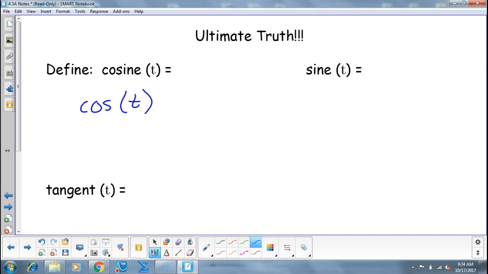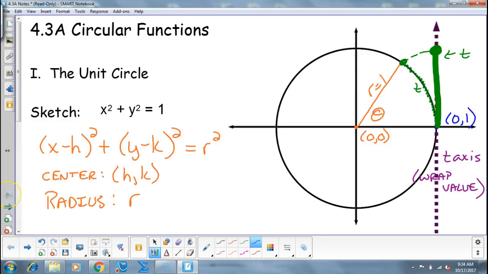That is equal to the x value of my point. So if I go back a slide here, the x value of that red dot is equal to the cosine of that central angle.